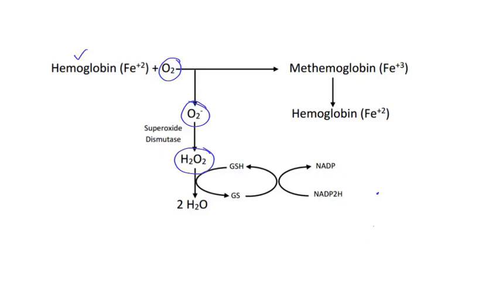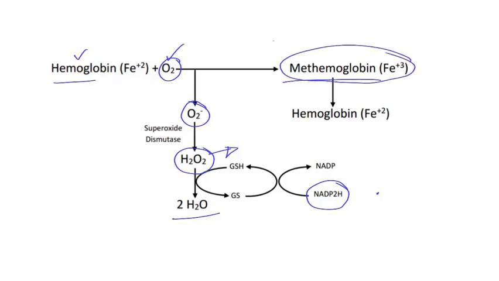But with the help of NADPH, this hydrogen peroxide can be converted into water. On the other hand, hemoglobin can be converted into methemoglobin while carrying oxygen. This methemoglobin is also converted into hemoglobin by NADPH, which was produced through HMP shunt.